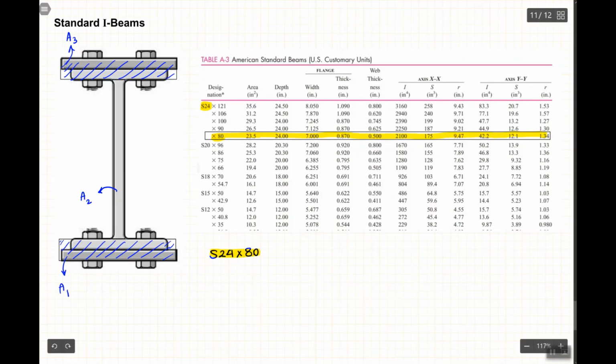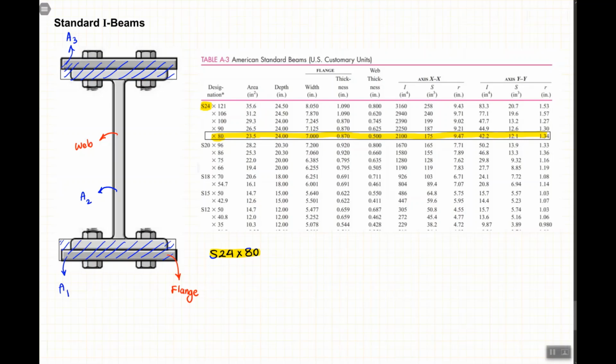First, remember that this part of the I-beam is called the web, and this part of the I-beam is called the flange. It's just some terminology you should know. Not very critical, but maybe in the future, especially if you are in the construction business, it can be useful.